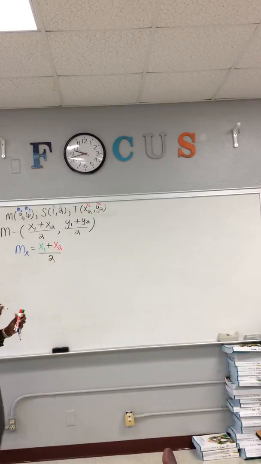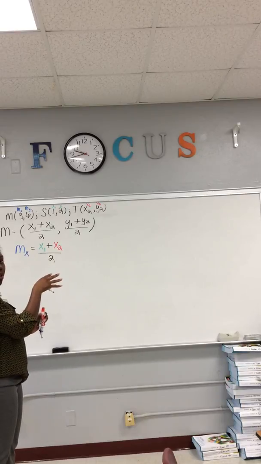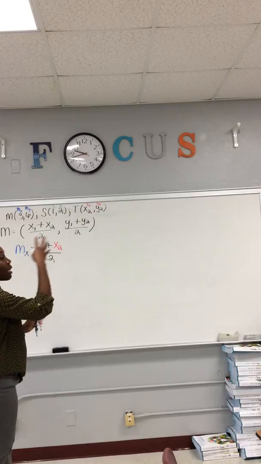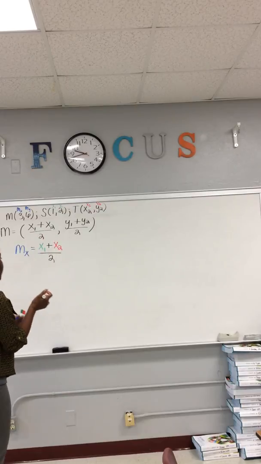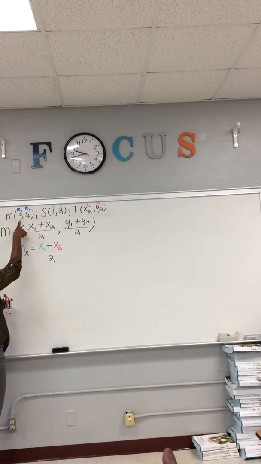And now we're just going to plug in all the information that we need to find the second endpoint. So we know that the x value of the midpoint is the x value that they gave us, which is 3. So I'm going to plug in 3.